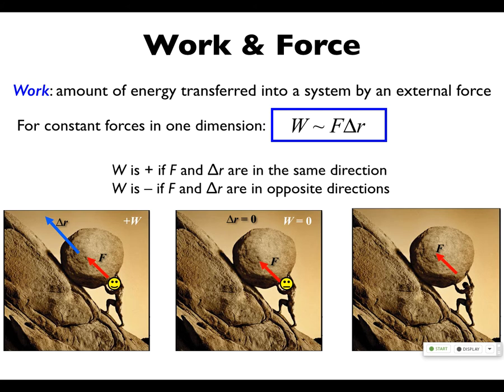Here, he's applying a force upward on the rock, and the rock is moving this way. So probably he's being crushed to death. What kind of work is this? Negative work. But that's in terms of this guy. So this guy applying the force, he's doing negative work on the rock, which means the rock is actually doing the work on him.